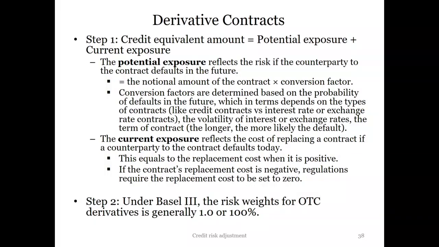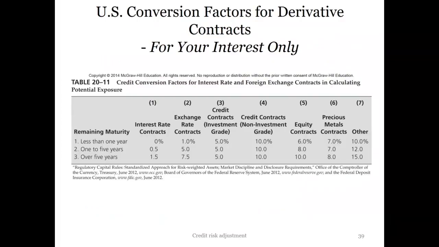So in that case, the regulator says you can't deduct that benefit from the credit equivalent amount. You need to set replacement cost to 0. So that's just a slight bit more about how we determine current exposure when you calculate the credit equivalent amount, right? So these are the rules you need to memorize for the calculation of the capital ratios.